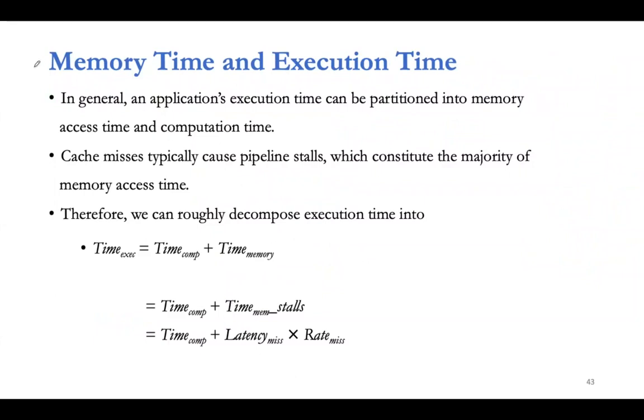What is the memory time and execution time? These are two separate entities. In general, an application's execution time can be partitioned into memory access time and computational time. Cache misses typically cause pipeline stalls, because when the cache is missing, that request goes to your main memory.